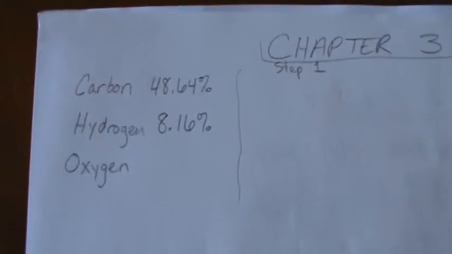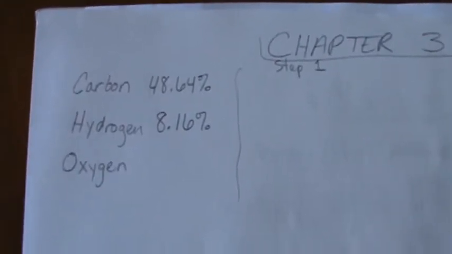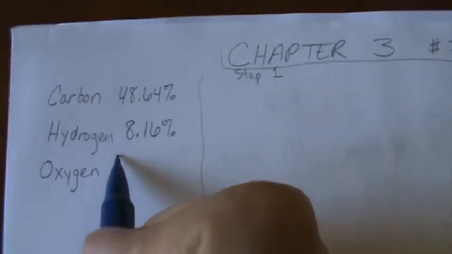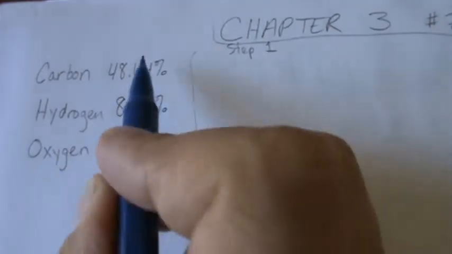Right, so, come out here. And I've sort of started the way this is going to work. So we know that it's 48.64% carbon and 8.16% hydrogen. So the only thing I need to do now is find my oxygen, and that's going to be 100 minus, we'll say, carbon plus hydrogen.